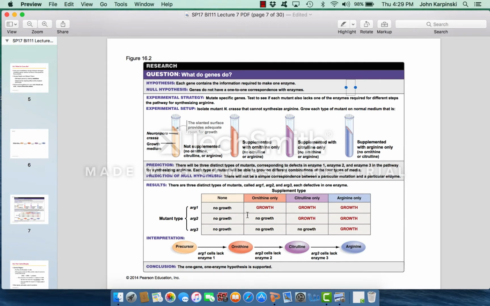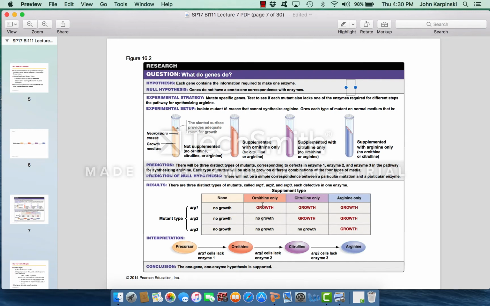But something different happened in the second supplement tube, which contained ornithine only, okay? We see that with the mutation in enzyme 1, which is this ARG1, we do see some growth, okay? Which means that arginine was synthesized.